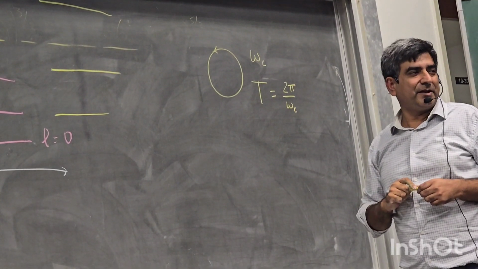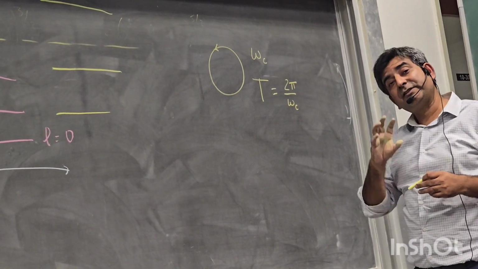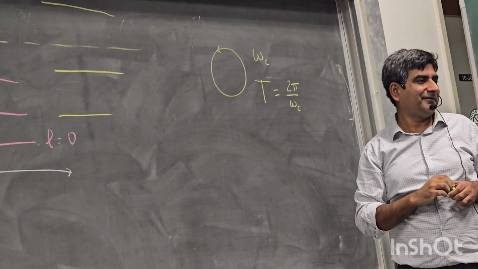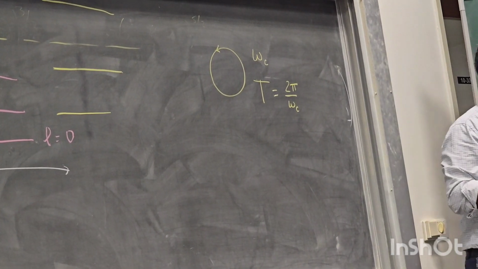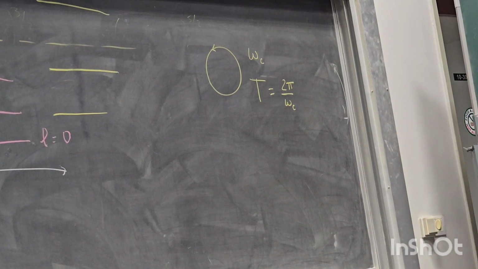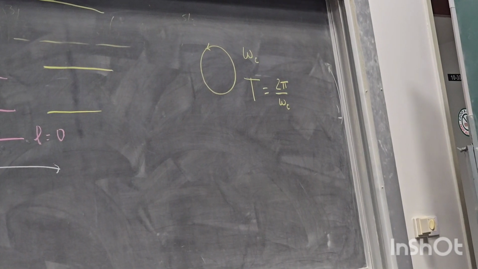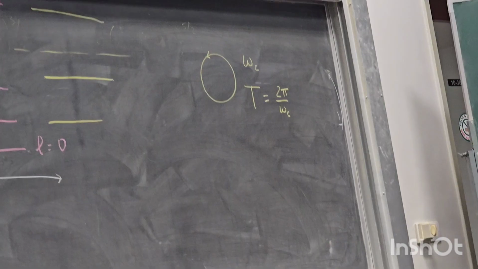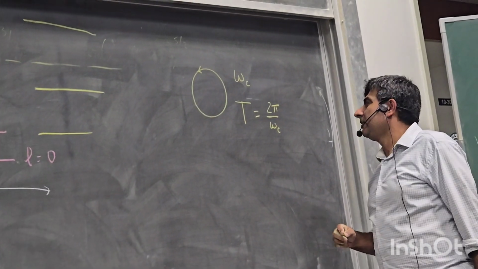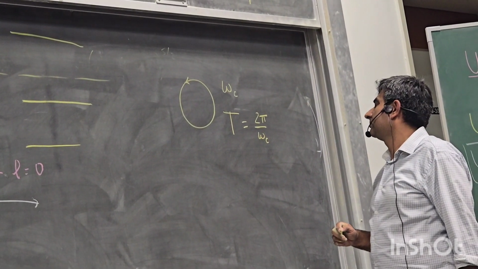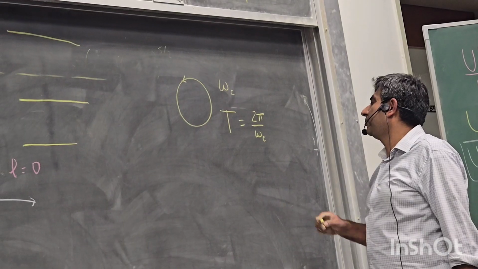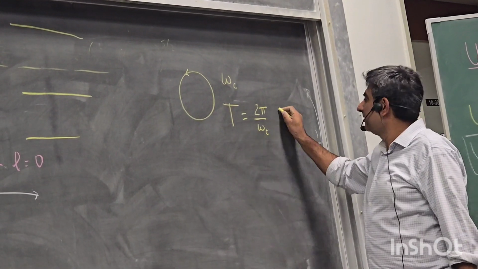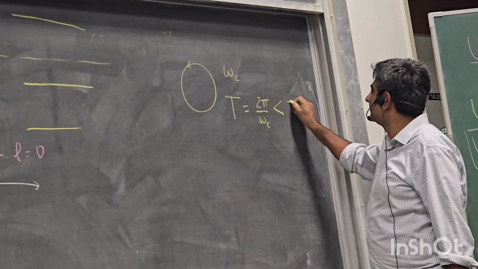You want this T to be, now there's a scattering time as well, tau. You want the scattering time to be really long. You want this time, in other words, to be smaller than tau.